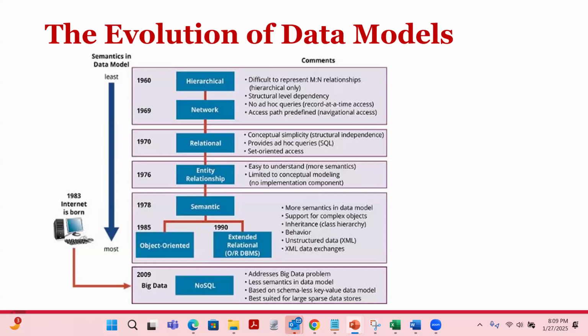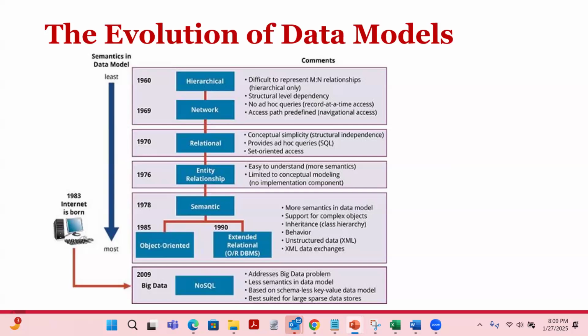Further down, the entity relationship model was developed by a scientist with the last name Everett. Well, actually, no, it was developed by Chen, and further down it was improved by Everett.